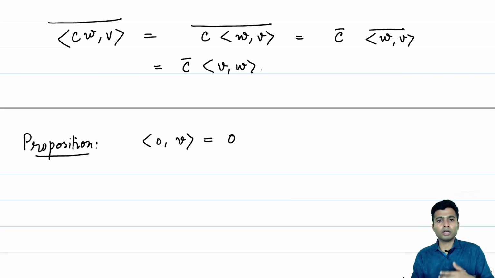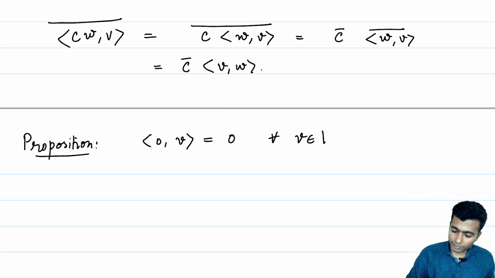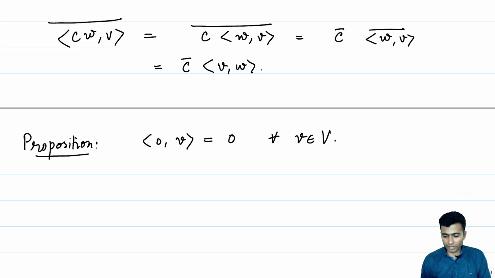Depending on what vector space it is, it will be either the 0 in the complex numbers or the 0 in the real numbers. So for all v in capital V. I've been sufficiently vague to imply that this is true in a real vector space or a complex vector space where inner products are being defined. Okay, so the proof is an exercise.